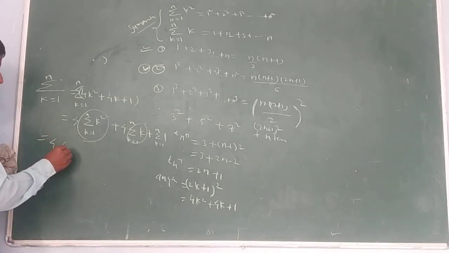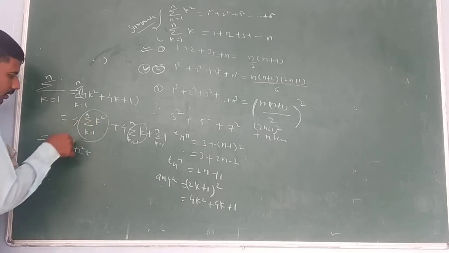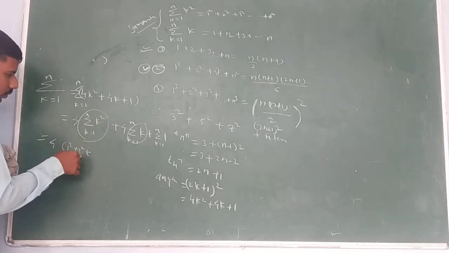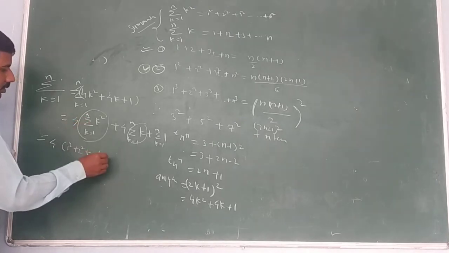4 into 1 square plus 2 square, first we take 1, then add 2, then 3, 4, 5, 6, and at last we take the maximum, n square.